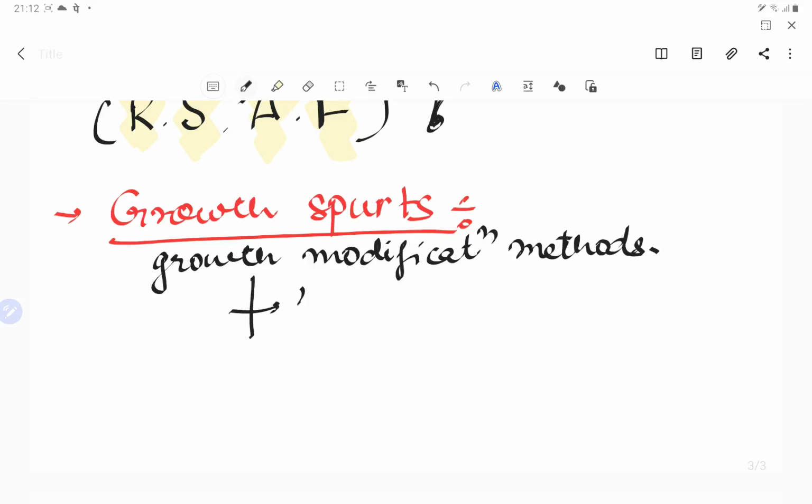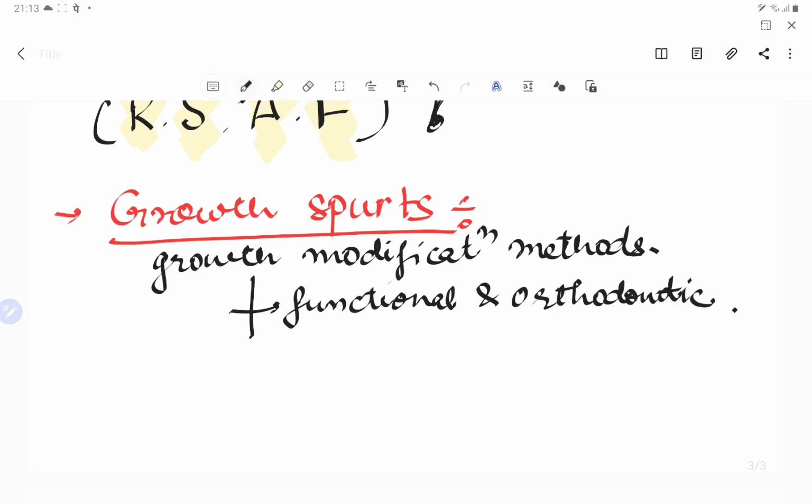So that means if we want to give a functional appliance to a child, this is the best time to give. If we want to give the orthopedic appliance, this is the best time. Also the orthodontic appliances must be given at this time. And if we want to do the surgical correction, suppose in case of class 3, it should be avoided during this time.